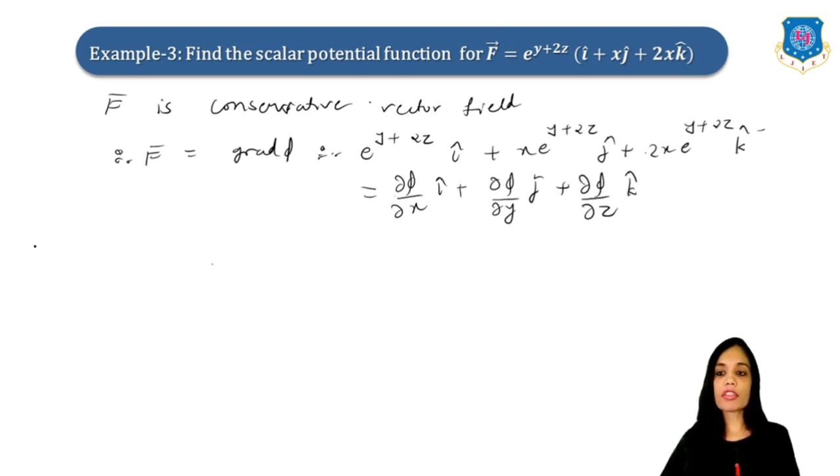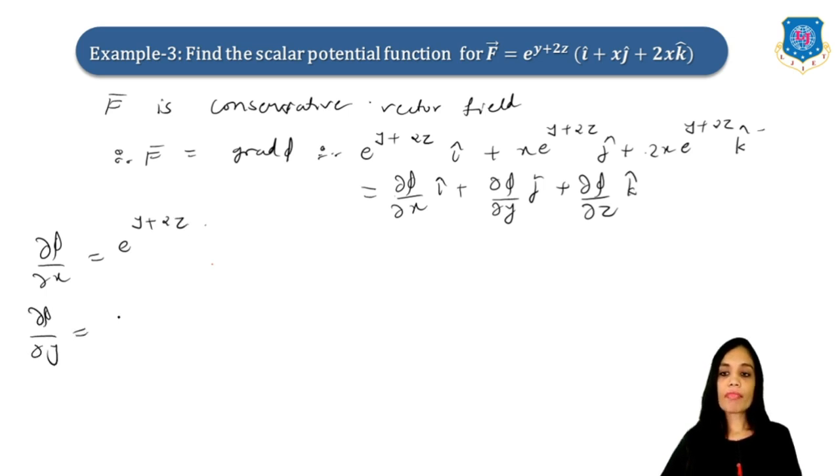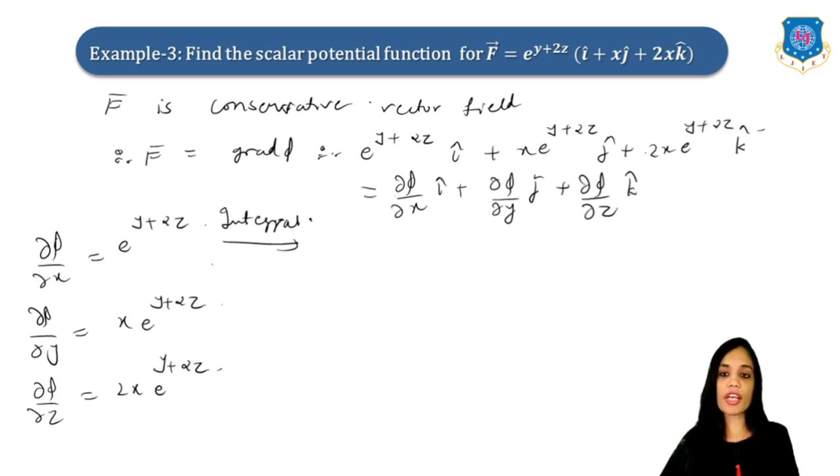Now compare these two, so you will get del phi by del x as e raised to y plus 2z, del phi by del y as x e raised to y plus 2z, and del phi by del z as 2x e raised to y plus 2z. Fine. Now you have to integrate with respect to x on both sides.